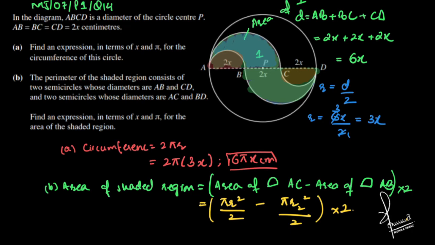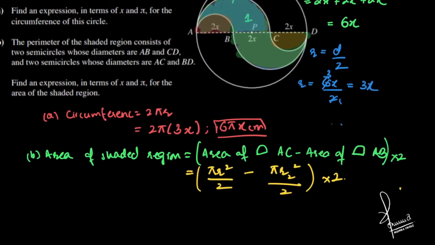The radius of the bigger semicircle is going to be 2x because you can see the diameter AC is 4x, so the radius is 2x. So I'm going to do pi into 2x squared over 2 minus, now the diameter of the smaller semicircle AB is 2x, so the radius will be 2x divided by 2, which is x.